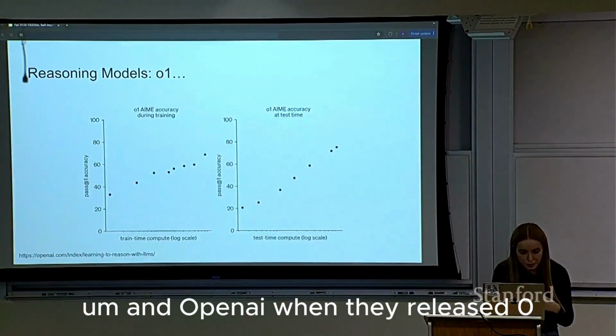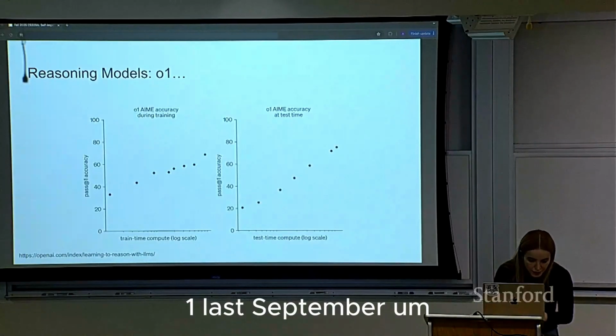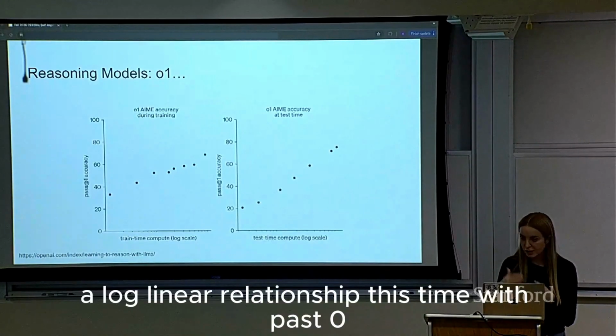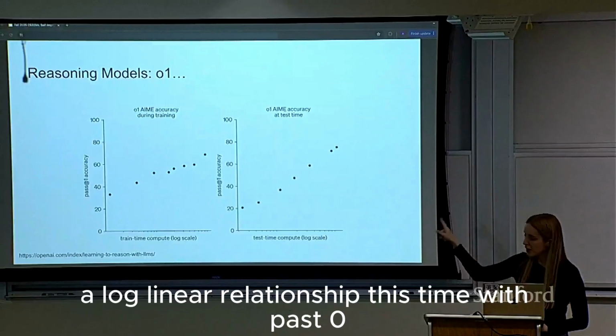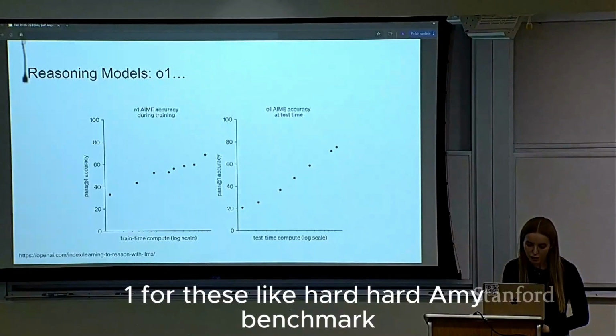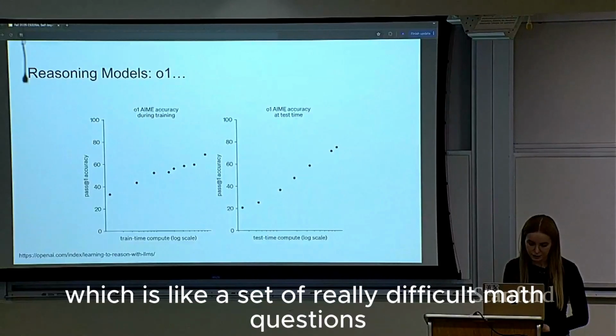OpenAI, when they released O1 last September, showed a log-linear relationship, this time with pass@1, for the hard AIME benchmark, which is a set of really difficult math questions.